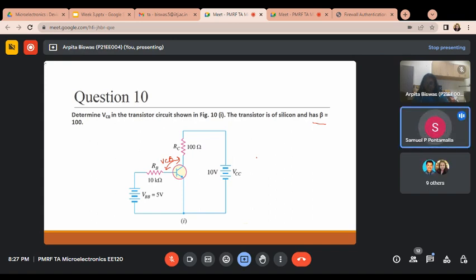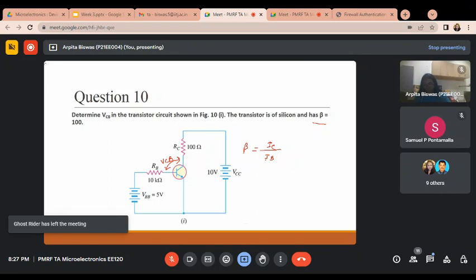VCE minus VBE. Okay. So first beta is given. Have to find VBE first. And take this loop.